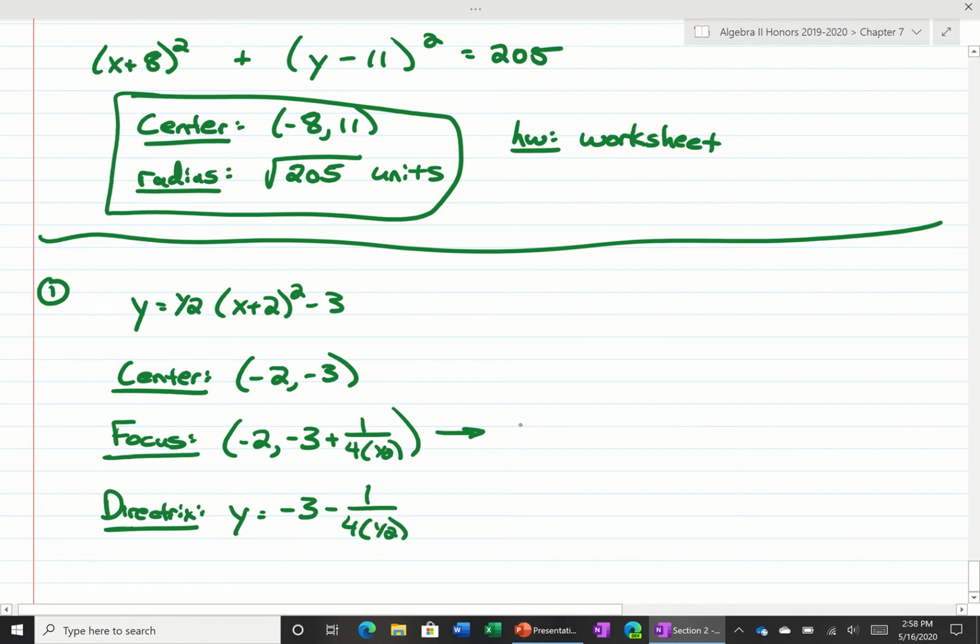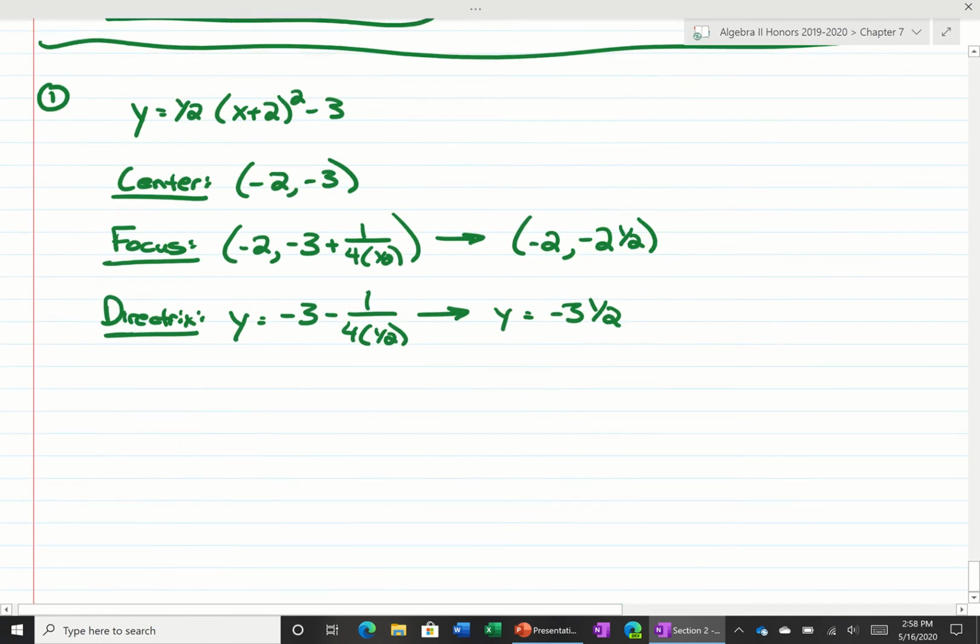And if you simplify this, you'll get (-2, -2.5). And if we simplify this, you'll get y is equal to -3 1/2. The length of the LR is going to be 1 over the absolute value of 1/2, or 2 units.